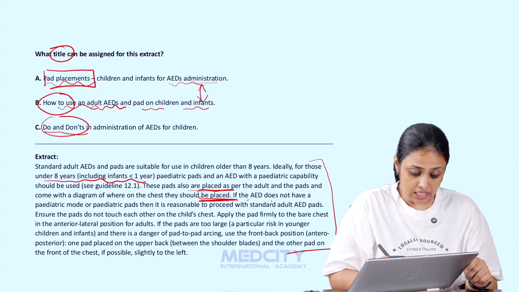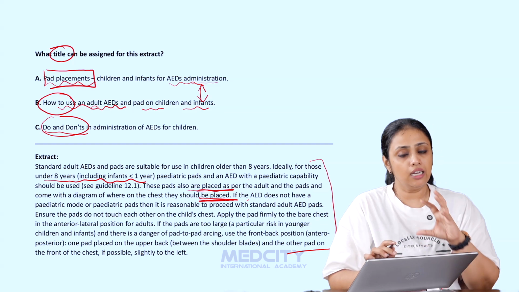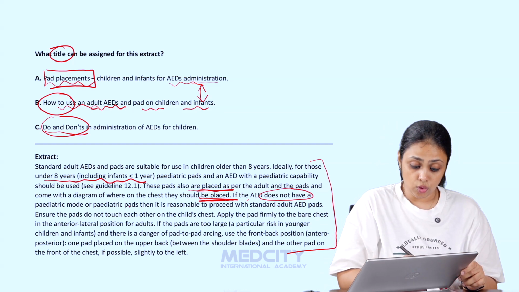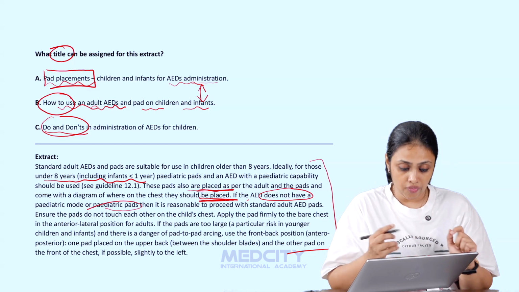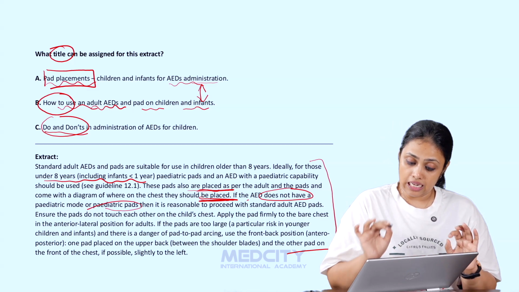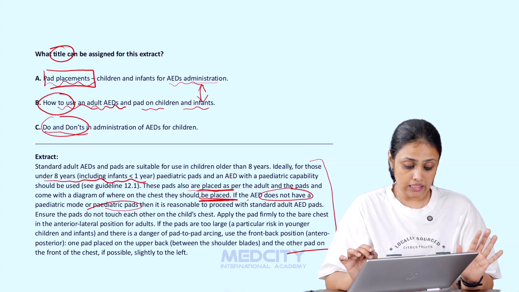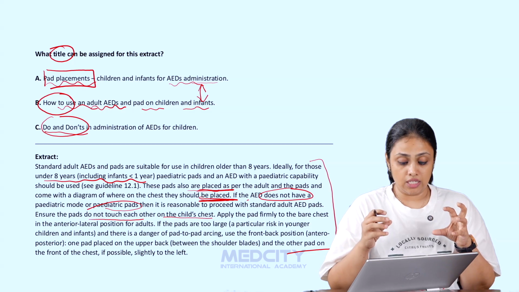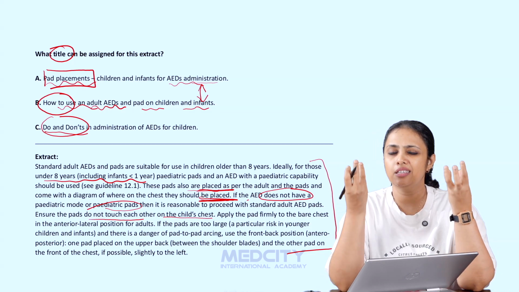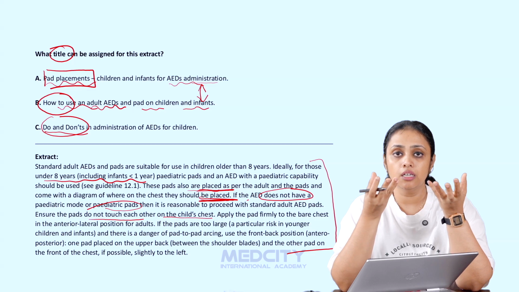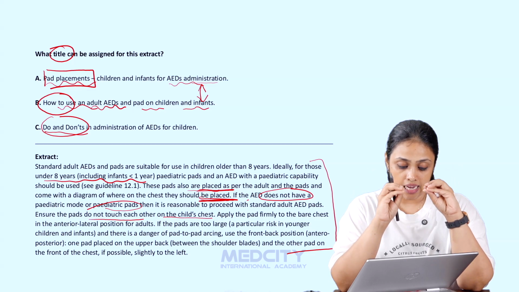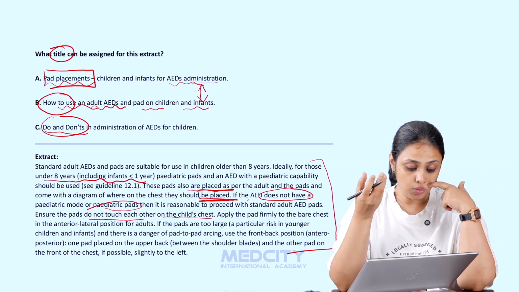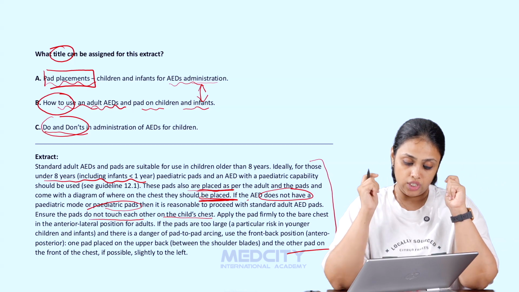Then if the AED does not have a pediatric mode, now it is said that all the AEDs will have the pediatric mode also. If it does not have a pediatric mode or pediatric pads, then it is reasonable to proceed with the standard adult AED. Ensure the pads do not touch each other on the child's chest. That is, if there are no separate pediatric pads for this AED, you can go ahead with the adult pad for the child, but you have to make sure that the pads do not touch each other.